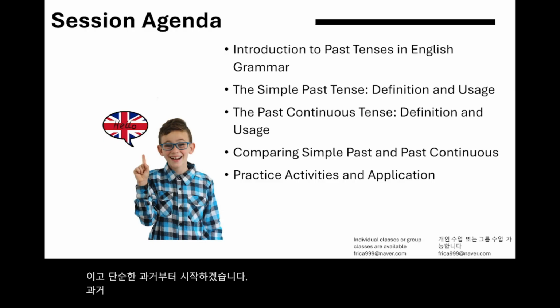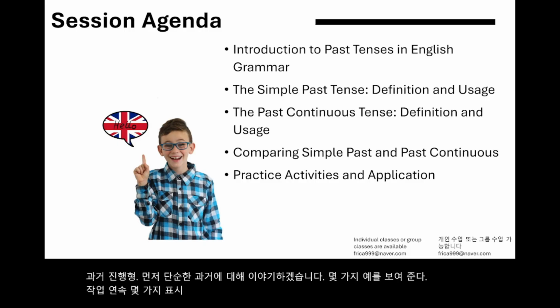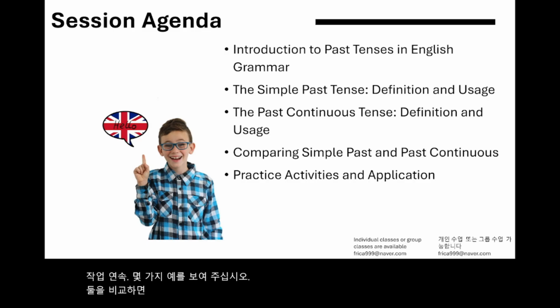We'll talk about the simple past first and show some examples, then the past continuous with a couple of examples, comparing the two, and then we'll have a little five-sentence fill-in-the-blank exercise at the end. But again, I'm keeping an eye on the chat if anybody would like to say anything or just say hi. I'm here.